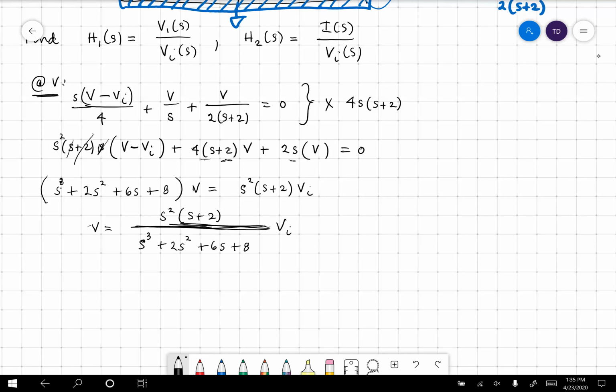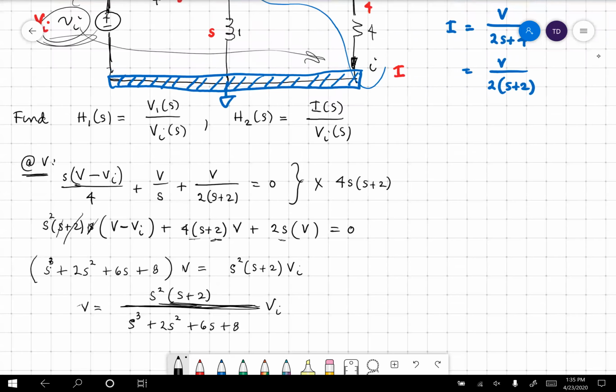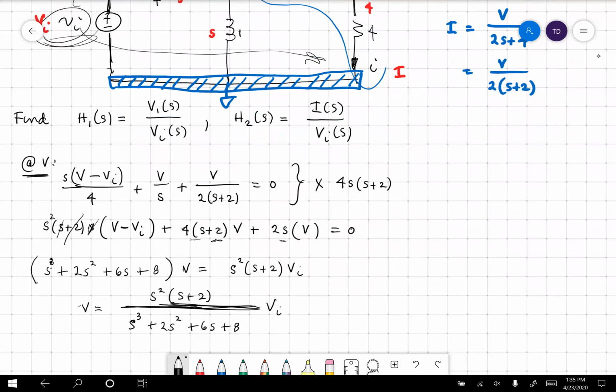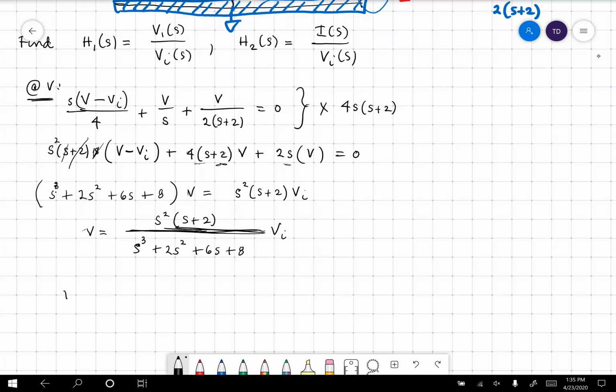All right, let's solve for what we need to solve for. So we said there are two things that we want. We want V1. So V1 is VI minus V. So V1 equals VI minus V. I'm going to form a common denominator right now for VI.